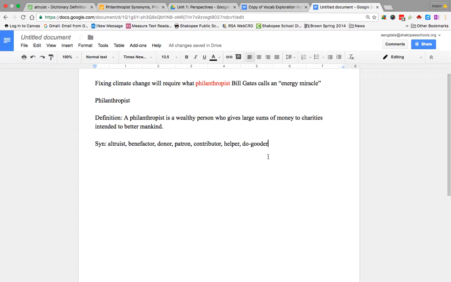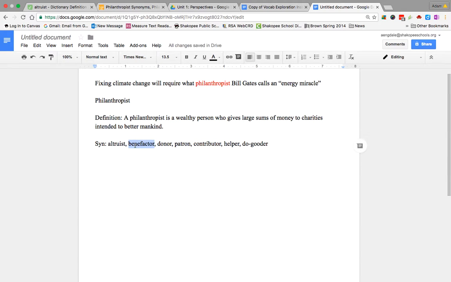So if I'm trying to figure this out, if I'm trying to put them into a pattern, I don't really know how an altruist and a benefactor and a philanthropist and a contributor, that's another one, relate. It seems to me that a contributor can be of any size.